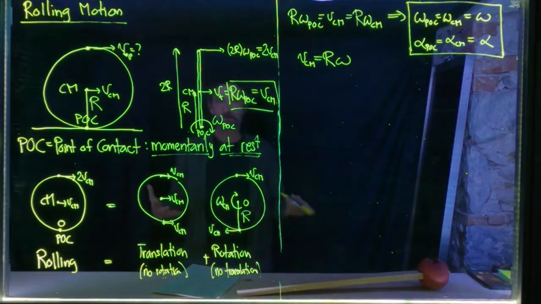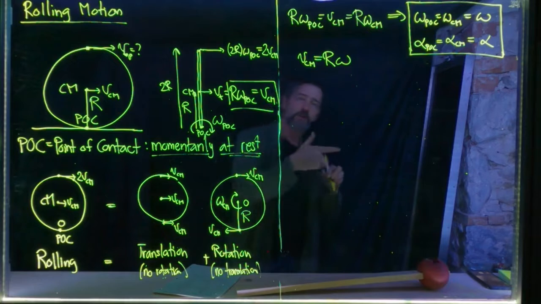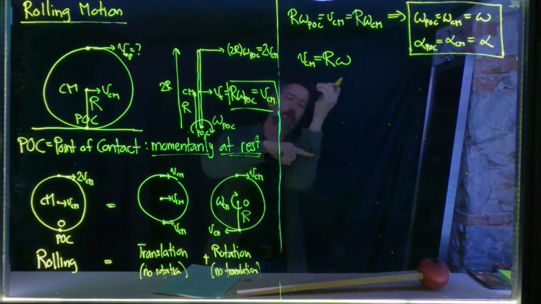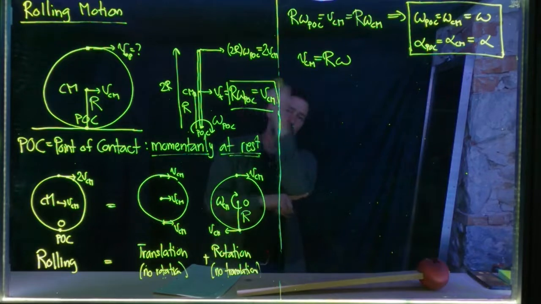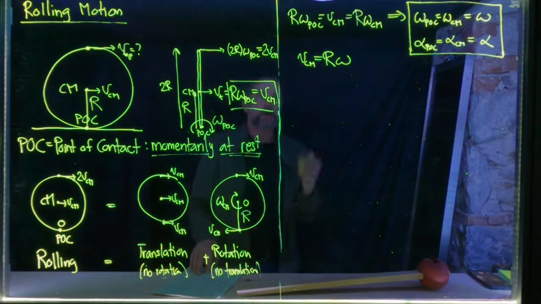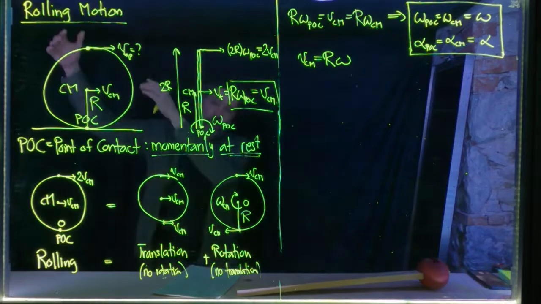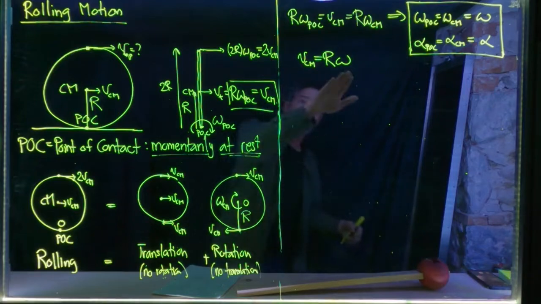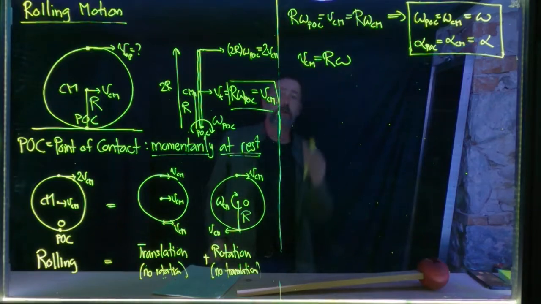So VCM is r omega. So the velocity, meters per second, of the center of mass point is equal to the radius of the wheel times the angular velocity of the wheel either about the center of mass point or about the point of contact. They're the same. Okay? And the other thing is, as the wheel, say, rolls down an incline, it's picking up speed, and so VCM is changing. Well, so is omega. So VCM is increasing, omega is increasing.